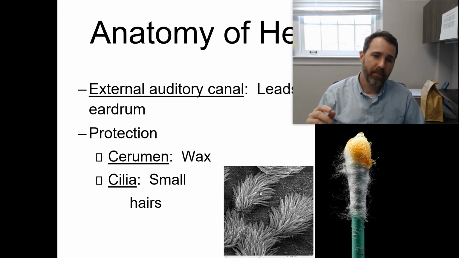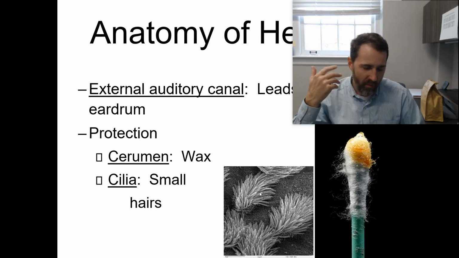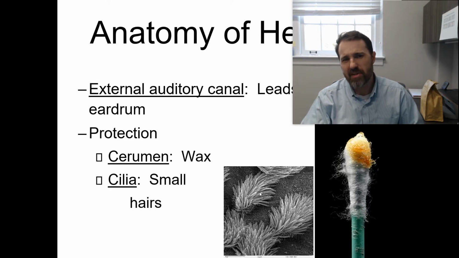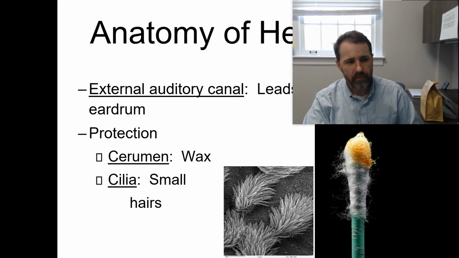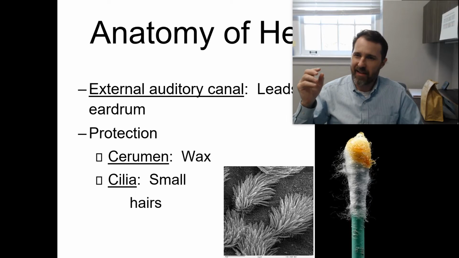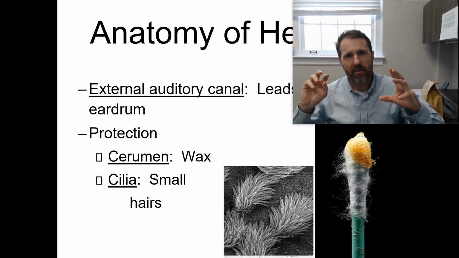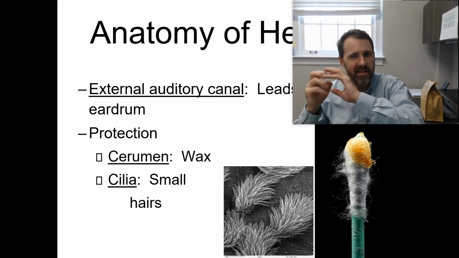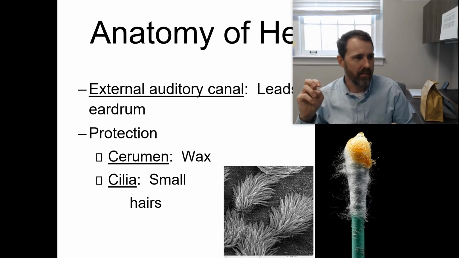Another level of protection is that the tissue on the inside of your ear canal produces earwax. Another word for earwax is cerumen. So you have the cerumen being produced in the ear, and this is that yellow sticky stuff. So any foreign material that happens to float into the ear is going to get stuck on that cerumen.